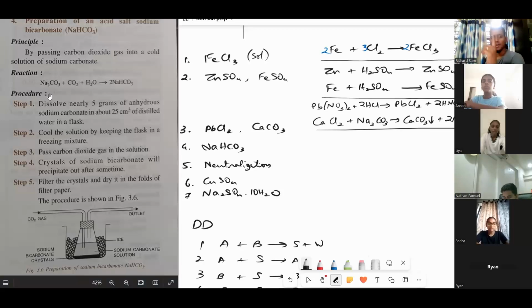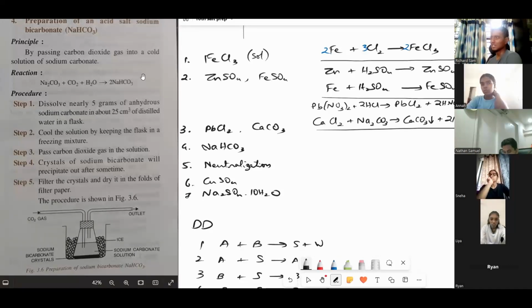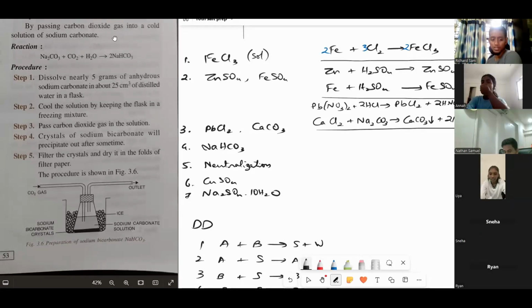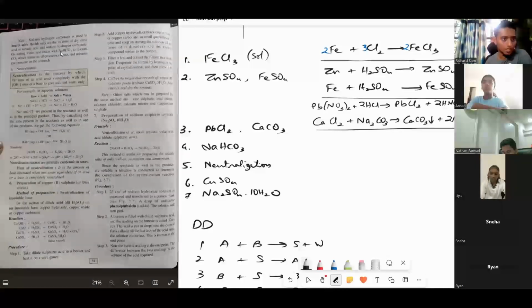Say that once again. Take Na2CO3, mix it with water so that you get a solution of sodium carbonate. And then pass carbon dioxide gas through it and the reaction takes place. No heating, nothing. In fact, cooling. Right. And so you get this precipitate of sodium bicarbonate. Is the reaction clear? Easy one.